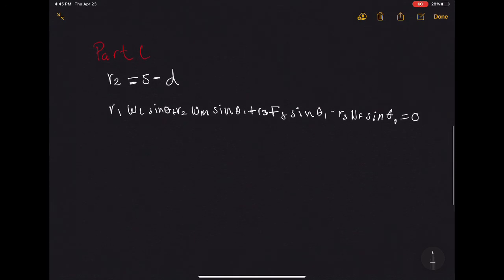For part C, it's asking how far along the ladder the man can climb before the ladder starts to slip. This is the formula we're going to use to get that, but we don't know the distance. We're looking for how far he can climb before the ladder slips. First, we're going to use the same formula we used before, but now we're going to find R2.